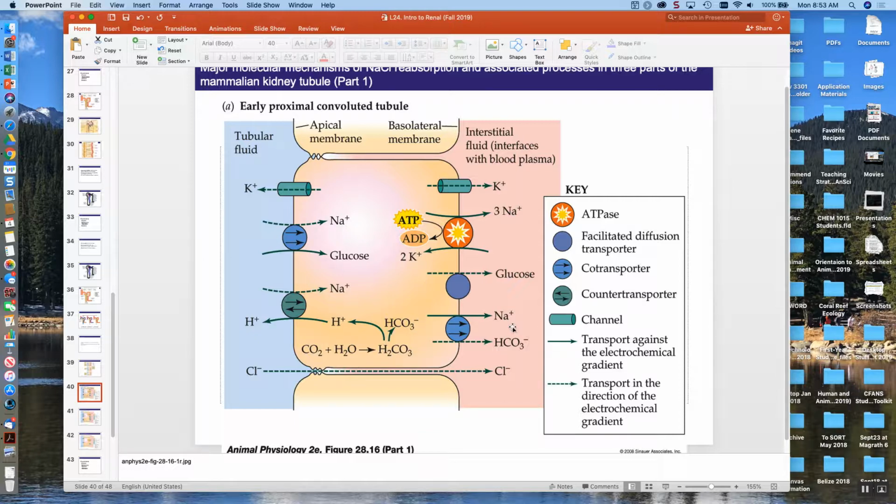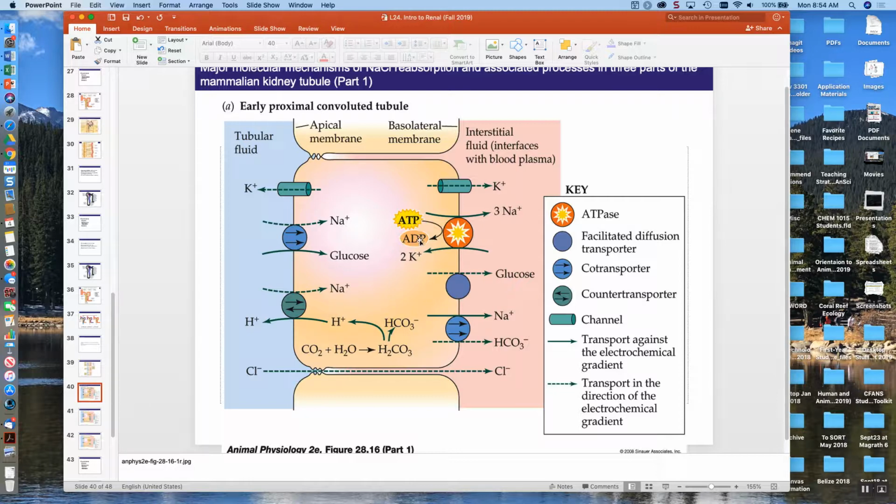All right, so sodium is also transported across the monolayer here. It comes in through the sodium glucose co-transporter and also through the exchanger here. Sodium enters into the cell and then it's forced out of the cell by the pump. We all know the pump, the sodium potassium ATPase.